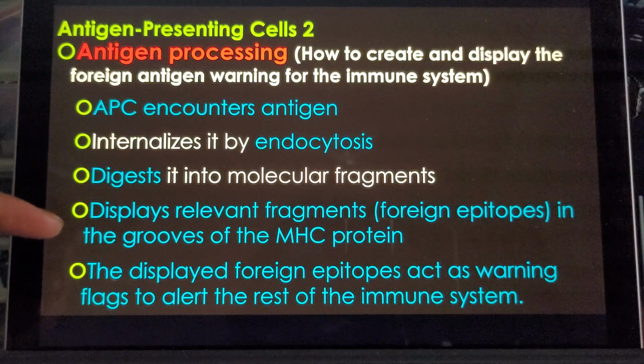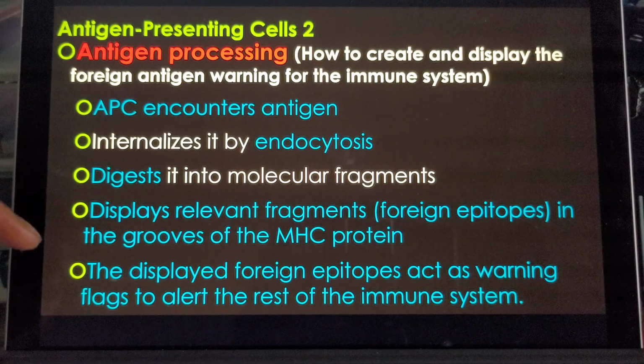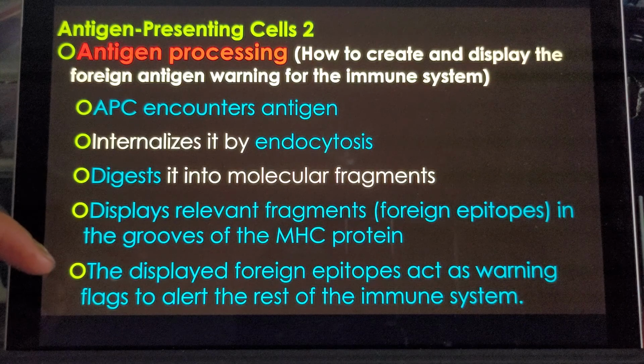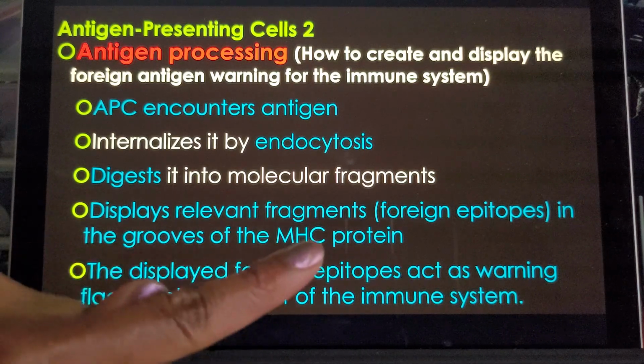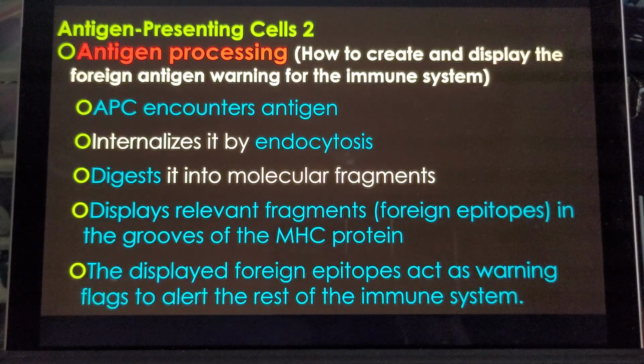So it's going to take a fragment of the foreign cell and display it on that major histocompatibility protein. That displayed fragment is going to alert the rest of the immune system. For example, a T cell can read that major histocompatibility protein, and if it sees just the normal cell glycocalyx flag, it's like, oh, okay, whatever. But when it sees that foreign one, and it sees it twice, then it's activated, as in, okay, let me go get this pathogen.